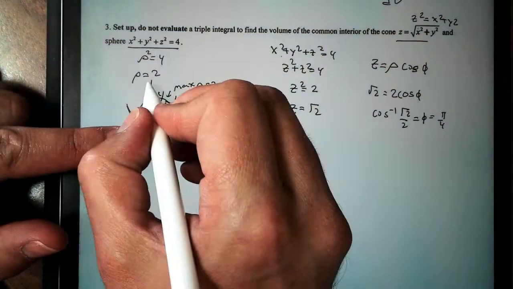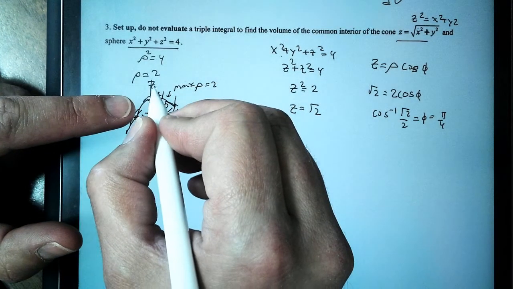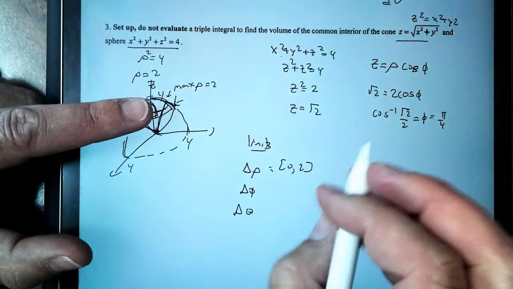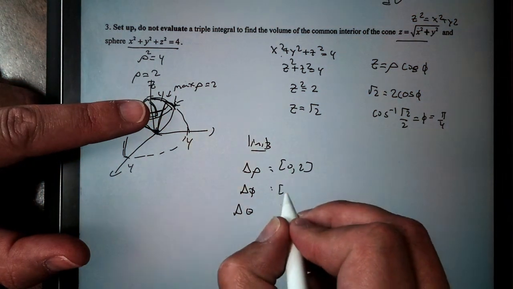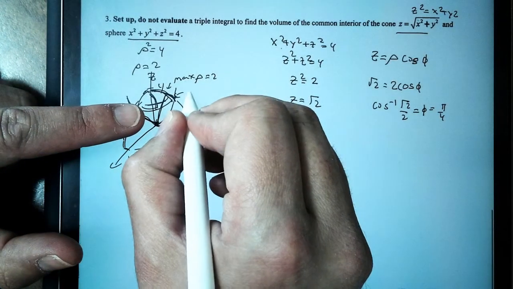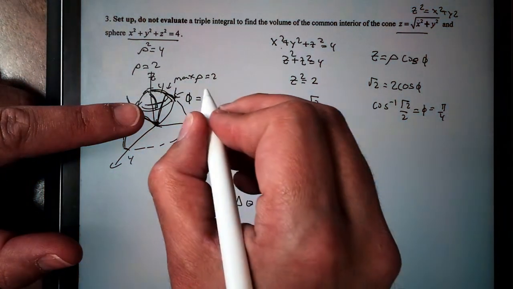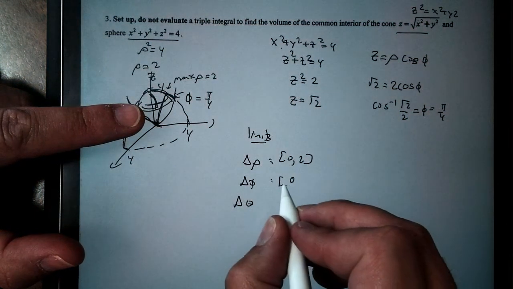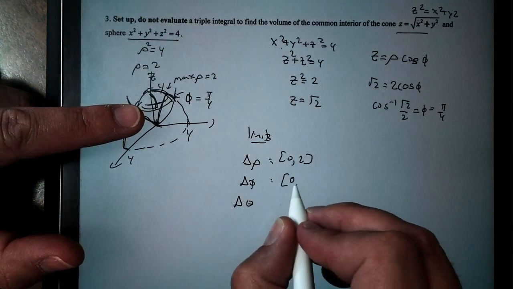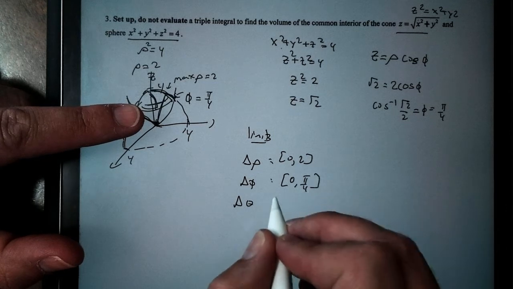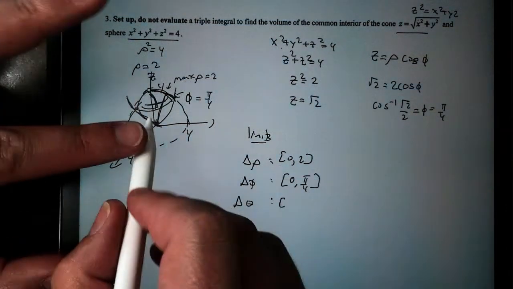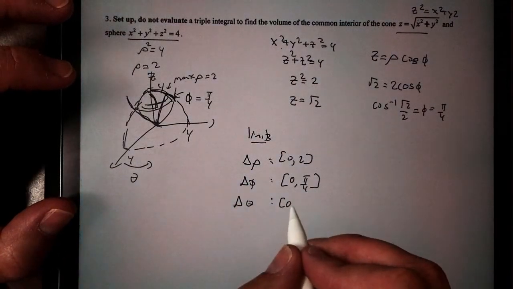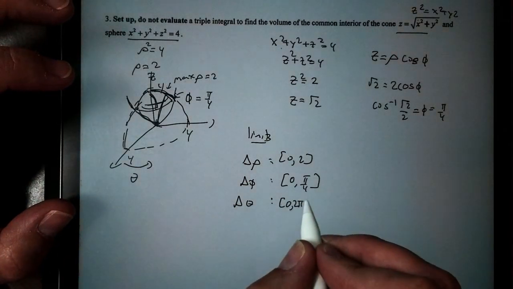Phi, I'm starting at the top here, and phi is just going to be this angle right here, which starts at 0 and ends where they intersect, which we just said was pi over 4. So 0 to pi over 4. Theta, we want the entire bit, so we can go all the way around. So theta is going to go from 0 all the way to 2 pi.